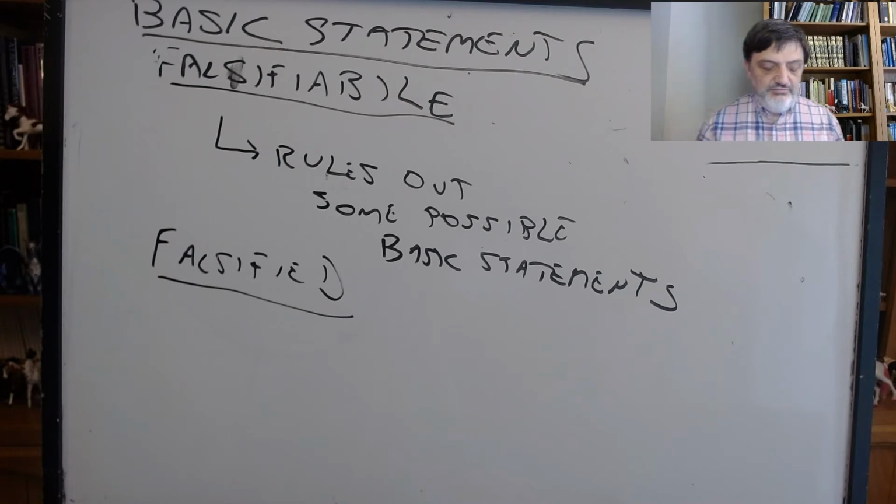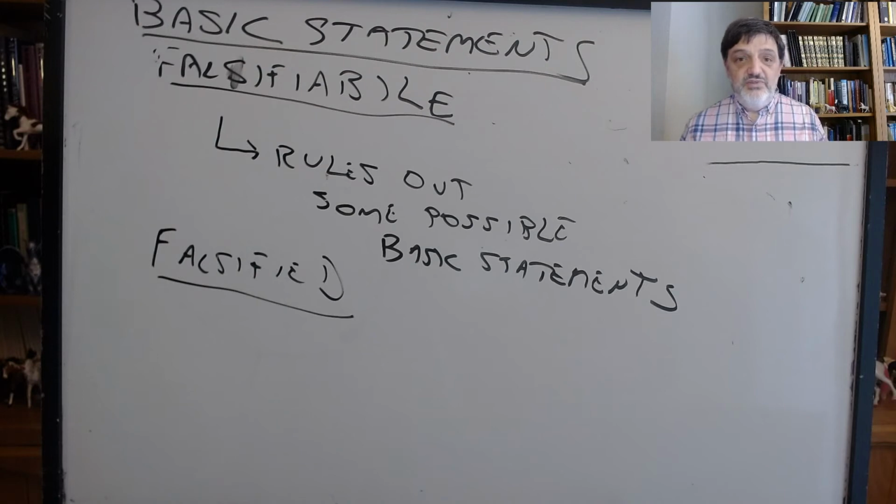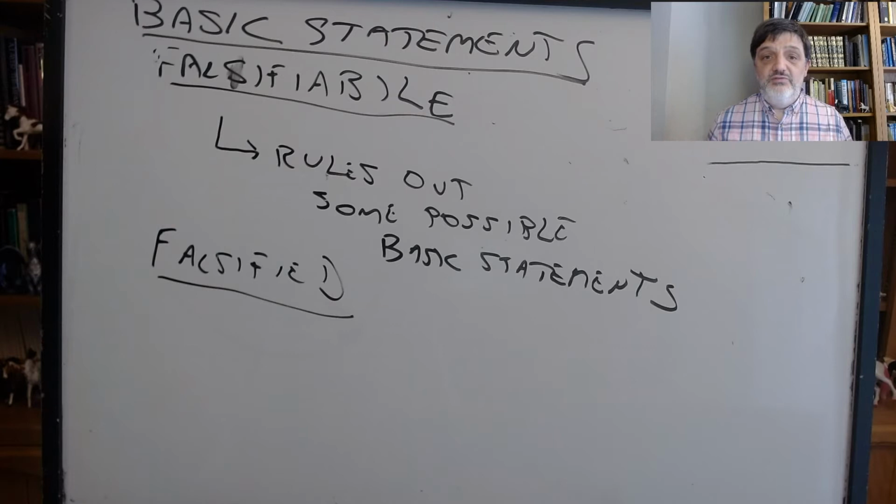But I said roughly speaking because, and I emphasized this last time and emphasize it again, Popper, unlike some versions of the mythical Popper, doesn't say that we reject a theory every time we get one observation that contradicts the theory.